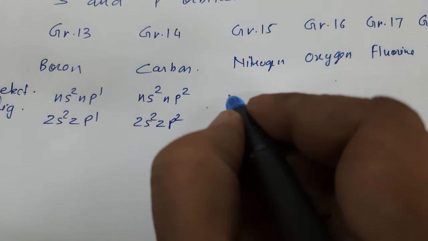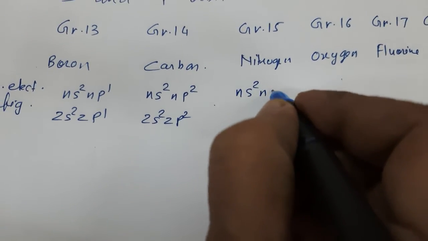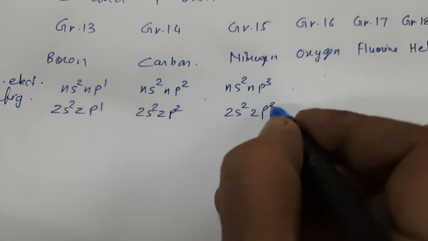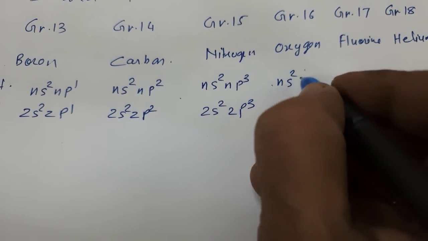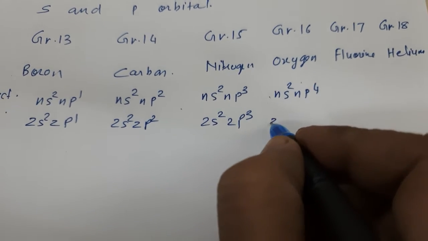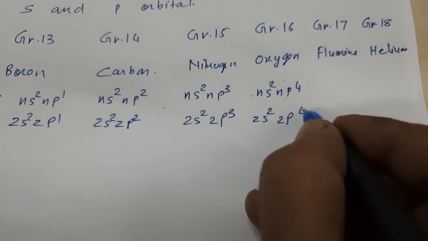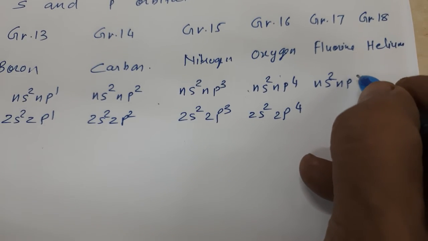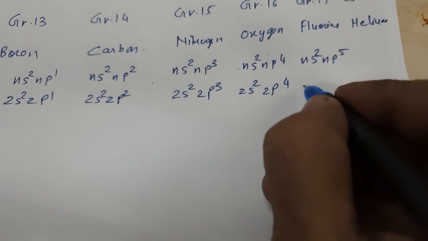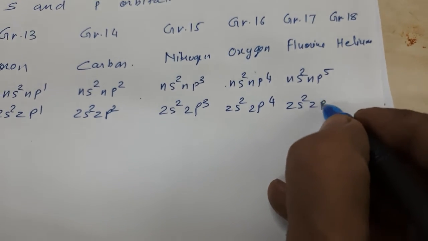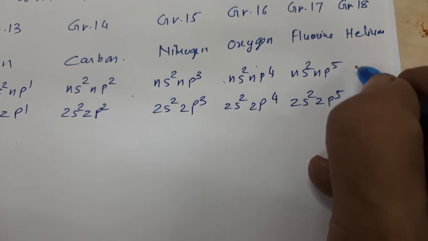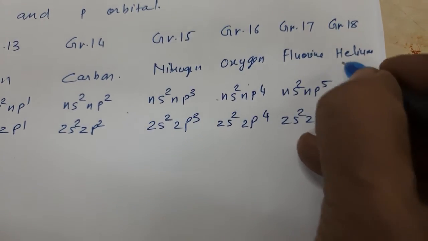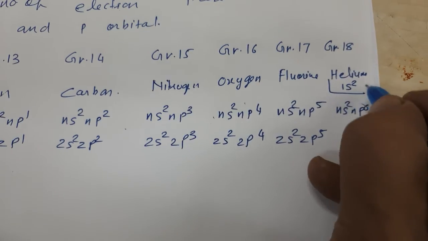Then in the case of nitrogen it is ns2 np3, so it is 2s2 2p3. Oxygen ns2 np4, 2s2 2p4, and fluorine ns2 np5, so it is 2s2 2p5, and helium, so we know that it is ns2 np6, or in the case of helium it is only 1s2, right?